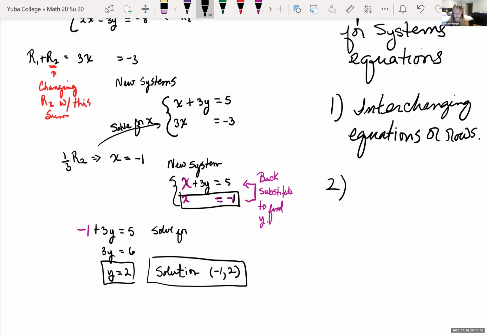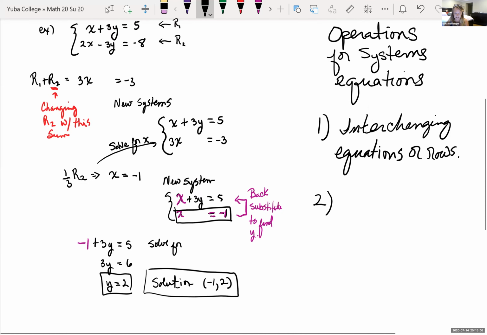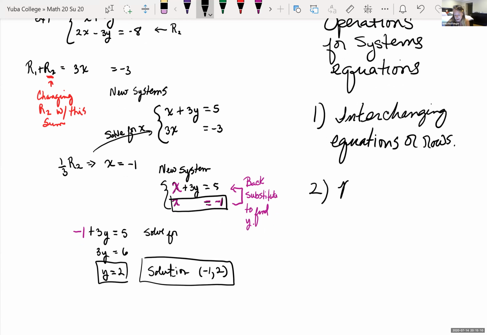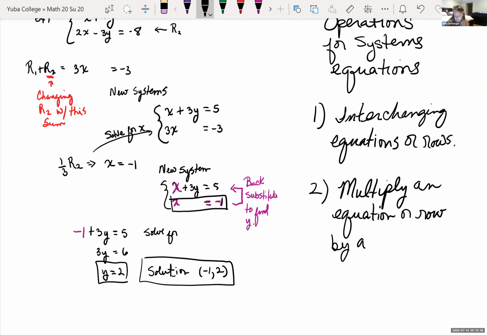So we were multiplying this equation by a non-zero constant. Another operation that we can do to get an equivalent system is to multiply an equation or row by a non-zero constant.